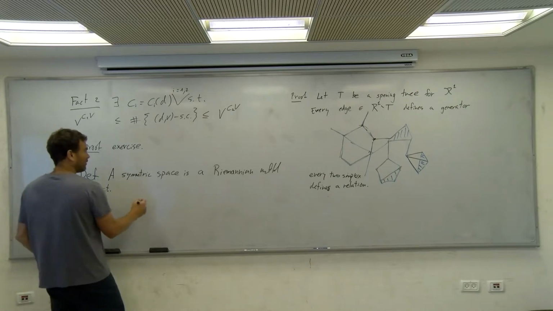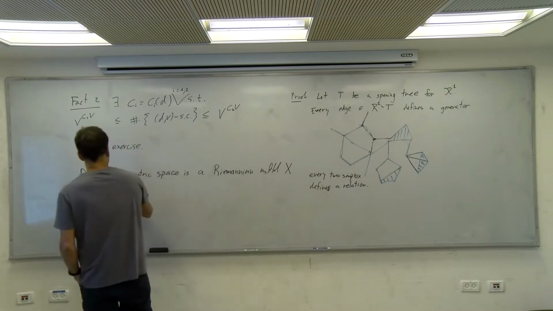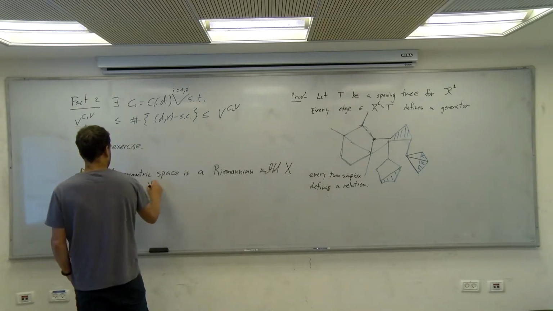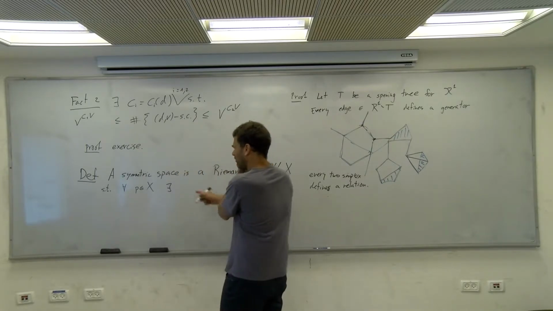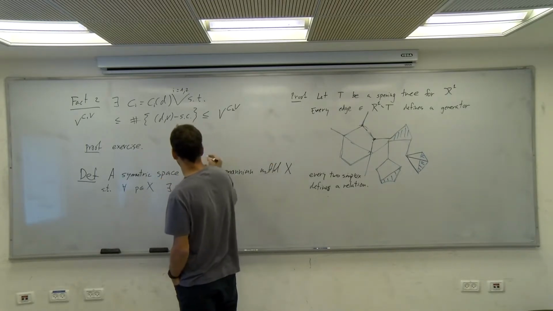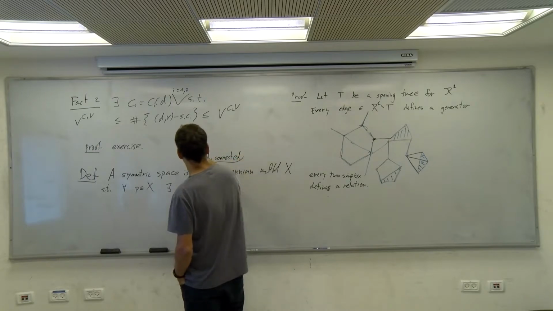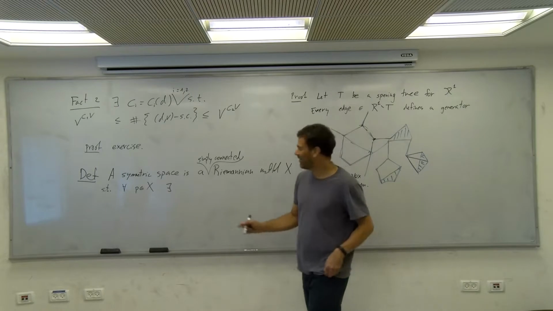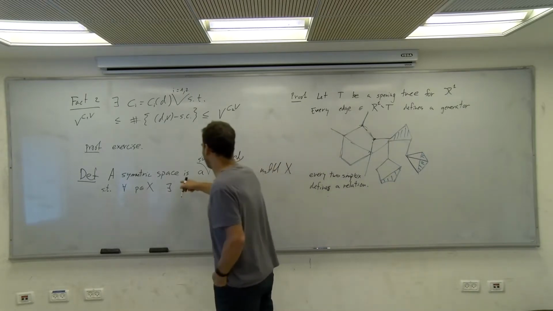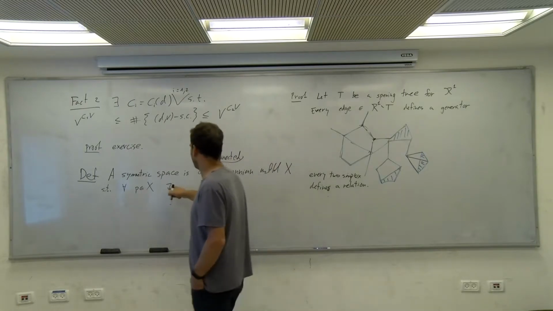Let's say X, such that for every point inside X there exists, or let's say a symmetric space is, let's say, simply connected. Doesn't it follow? It follows, except in dimension 1, it's a circle. But then the torus is also, yeah, it doesn't follow.